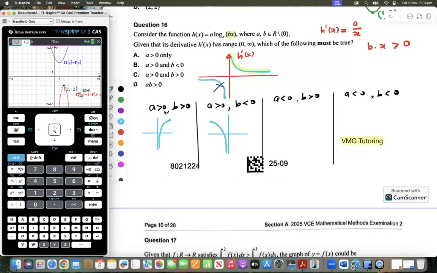Your x values are negative, right? Okay. If a is negative and b is positive, your graph goes like that. The last graph, they both are negative, right? In that case, your graph goes in this way. It's a log graph.